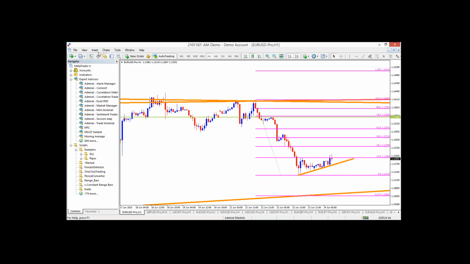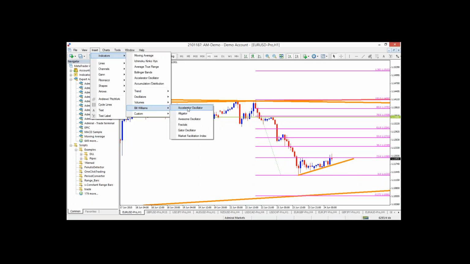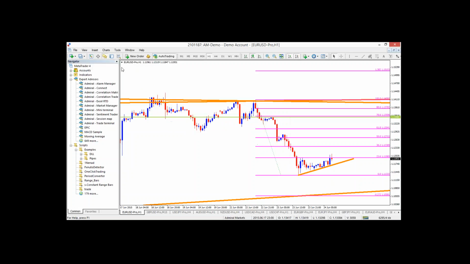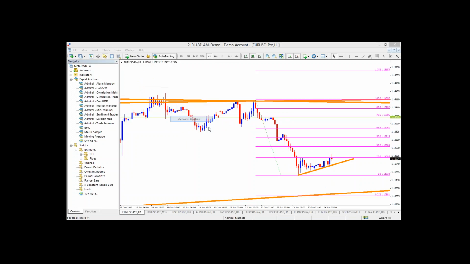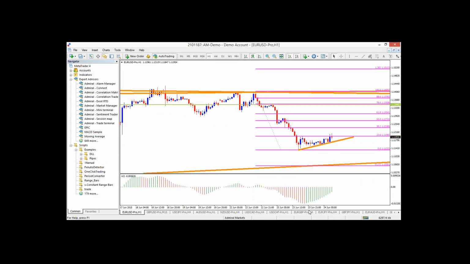Let me add an oscillator. Strong AO here. So if we break this, we'll see this, and probably divergence between the bottoms will break, but not the oscillator probably. So this is a bear flag because it's a slow correction to the upside after a down move.